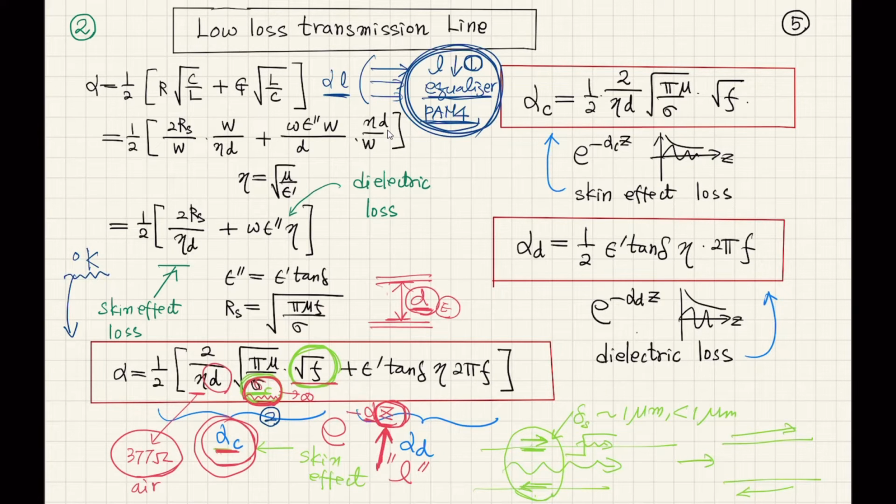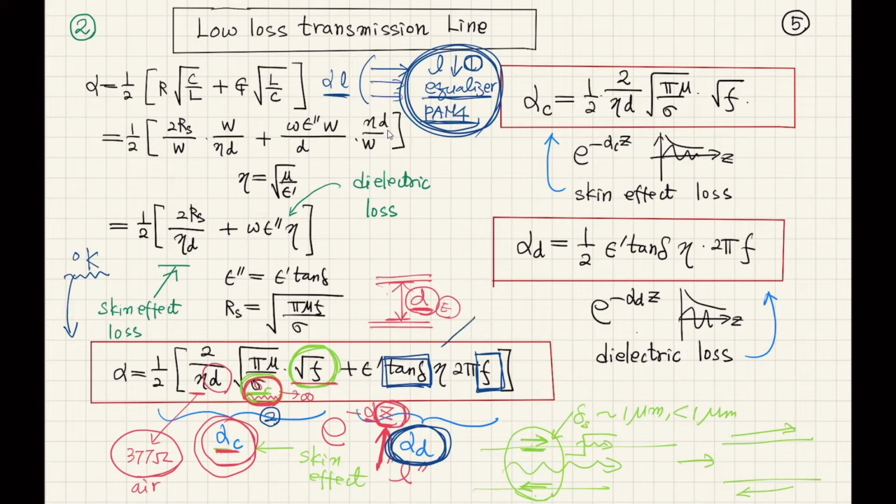Second, the physics is related to the dielectric attenuation constant. It is proportional to the frequency, as I mentioned many times. And the second important term is the loss tangent of your material.